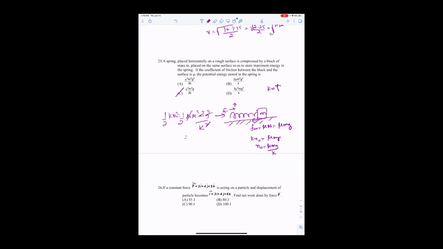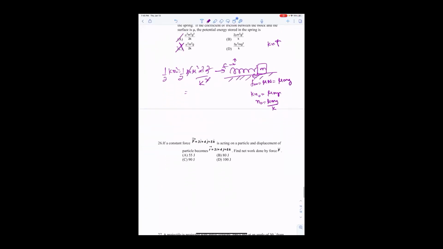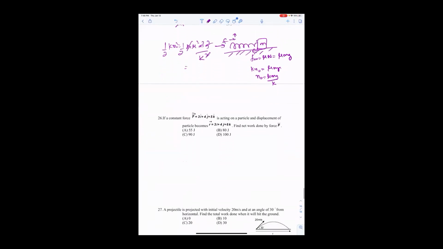Yeah, mu squared m squared g squared by 2k. Right? Not C, it is A. In C there is a single g, and in A it is g squared, I guess. So 1k gets cancelled. That's it.